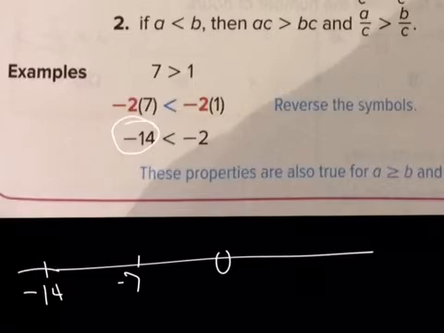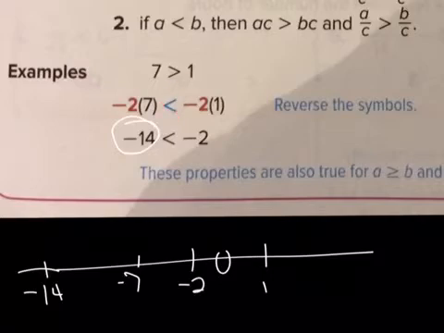Now, here on this side we had 1. If we multiply times negative 2, it's going to become negative 2, which would be around here. So now you see, it used to be that 7 was greater than 1, but now 7 multiplied times negative 2 is going to be negative 14. Now it becomes much less than 1. And that's going to happen every time you multiply a positive by a negative number.